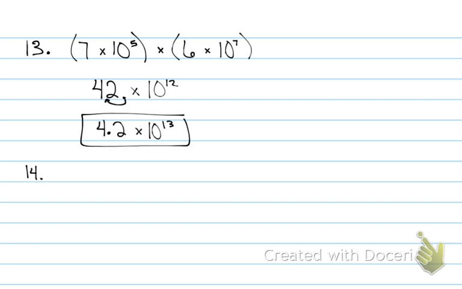So we're going to go 2.1 times 10 to the 9th power divided by, let's see, 7 times 10 to the 6th power.